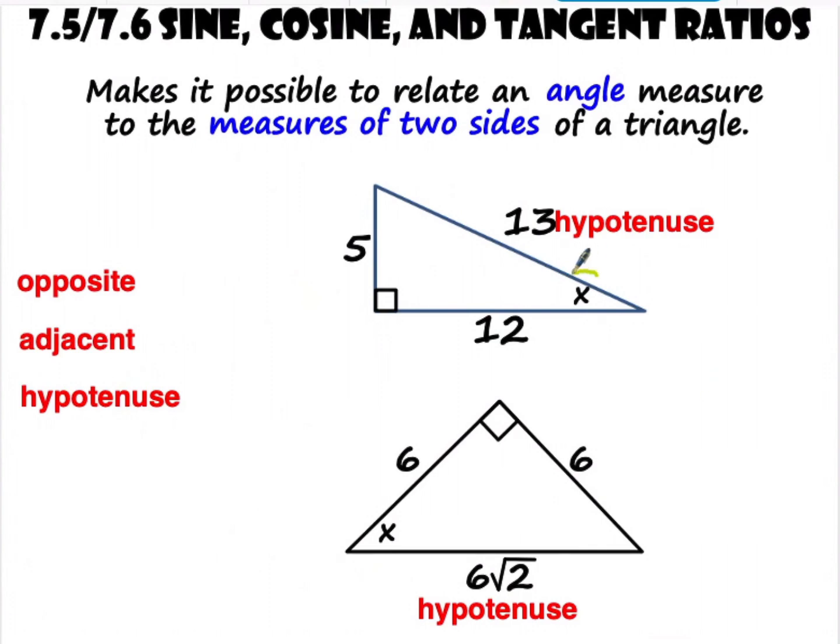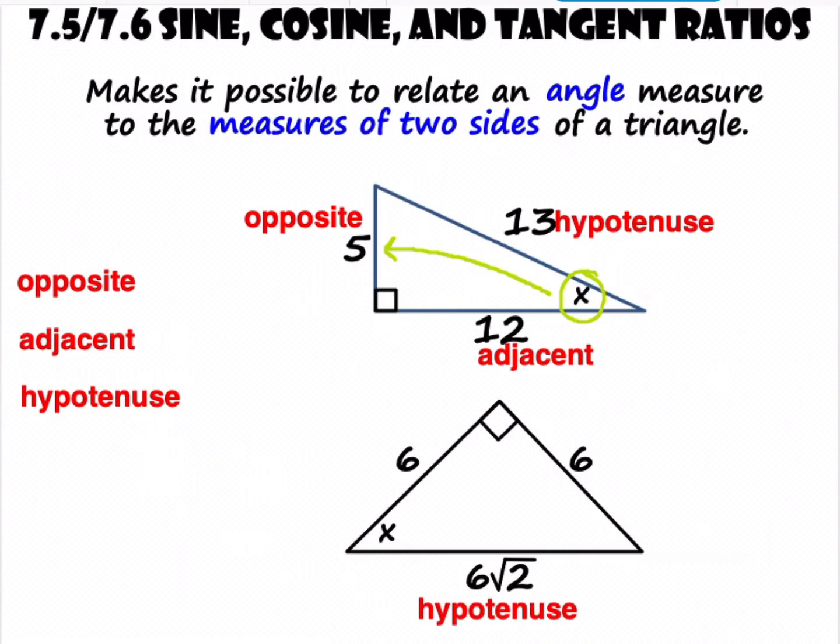We'll always be standing at one of the two acute angles. So I see on this triangle the x angle is labeled. So we would say that the side that's way across from the x, that would be the opposite side. And next to that, not the hypotenuse, but the other leg that's next to that, is called the adjacent side. Adjacent just means next to.